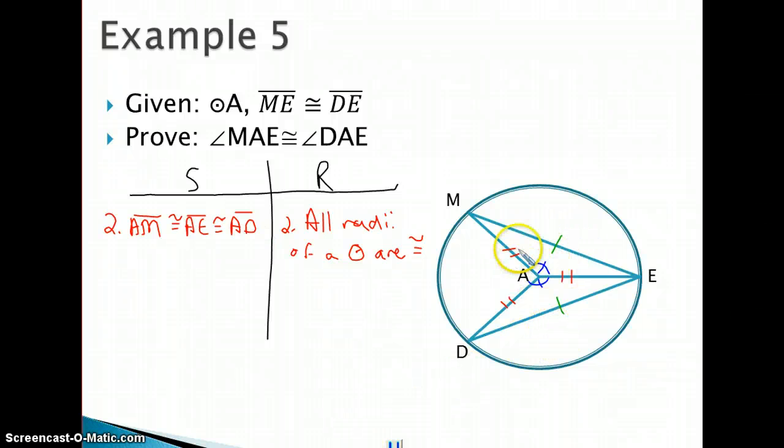So based on the given information and what I just marked off, I know that the triangles are congruent. So my next step will be triangle MAE congruent to triangle DAE. Side, side, side. And what I really love about CPCTC proofs is a lot of times if you're looking for an angle, they're telling you what triangles you need to prove congruent.